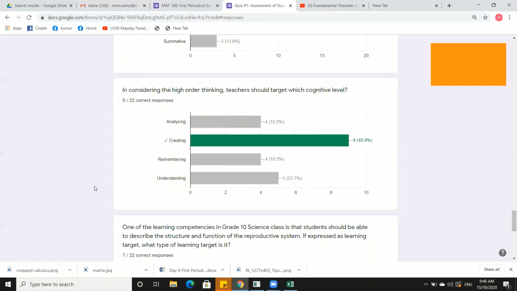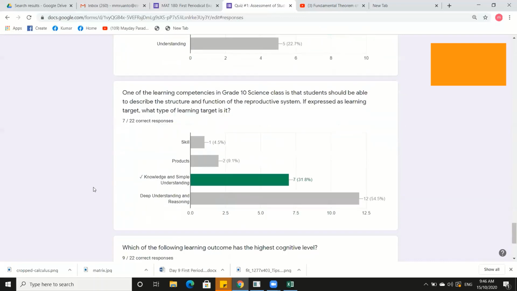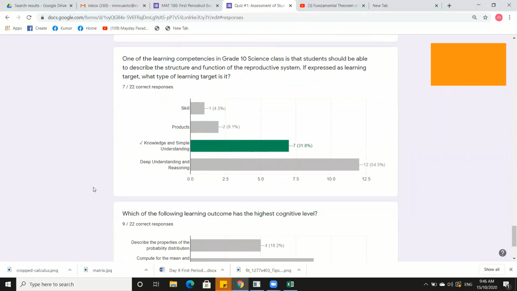If we encounter this kind of question again, always make sure to choose the highest. So we know the highest is creating. Therefore, the answer here is letter B. Now let's proceed with the next number.